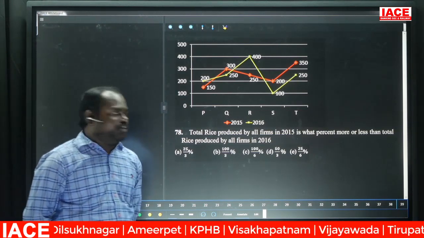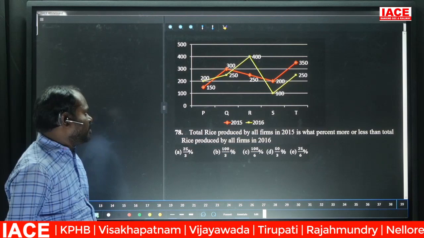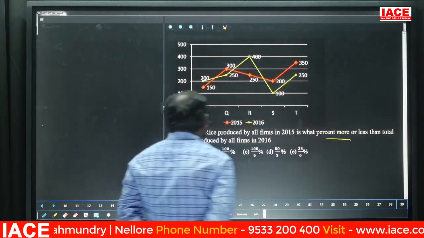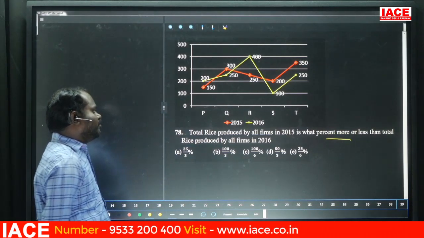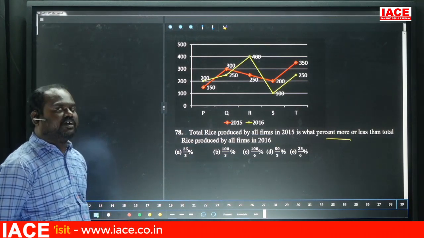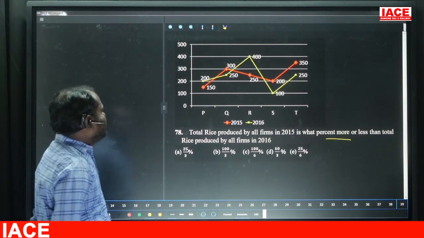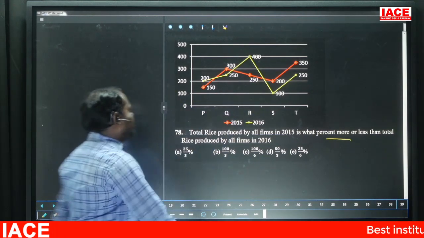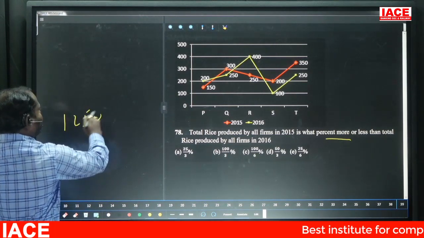Question 78. Total rice produced by all firms in 2015 is what percent more or less than the total rice produced by all firms in 2016? 2015 red color, 150 plus 450, 500, 700, 900, 1250.